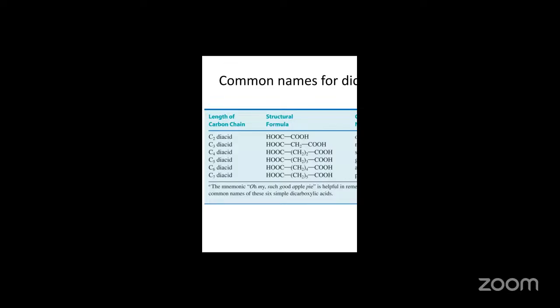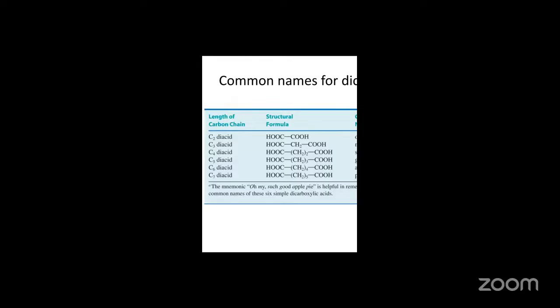What differs there is N, the methylene. So the first compound is when N is 0. You can see there's no N in that first compound. So we just have 2 carboxyl, no methylene in between. The second is when N is 1. Then when N is 2, when N is 3, 4, and 5.